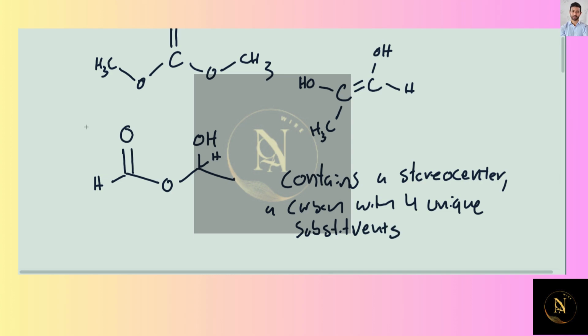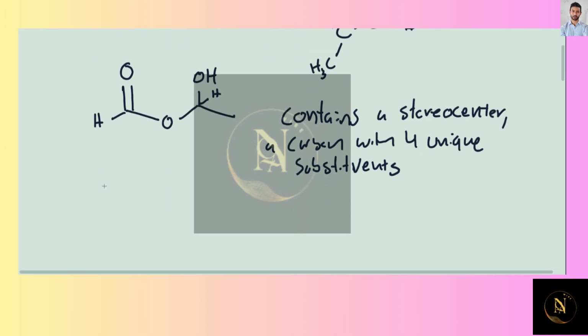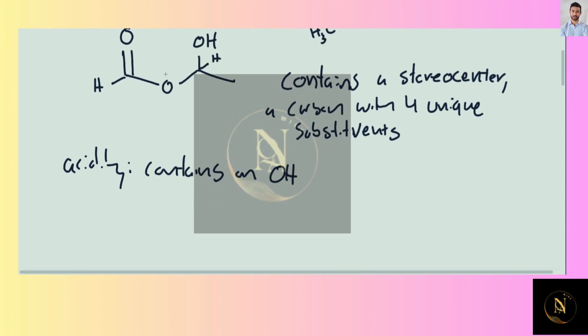What is the structural significance of the observation that solution X was acidic? Well, we know that it contains an OH. Okay, and here I'm sort of seeing another option, right?